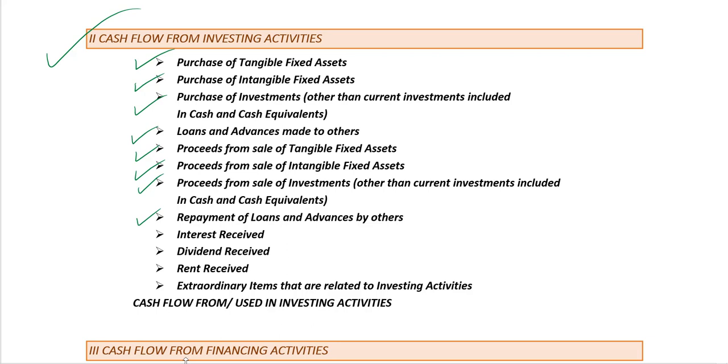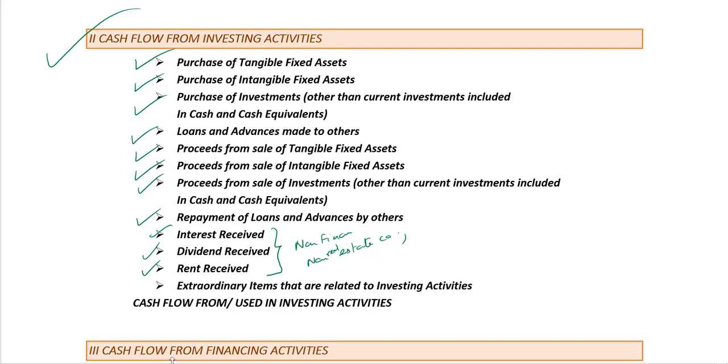Now we need to show interest received, dividend received, and rent received. In the case of a non-finance company or a non-real estate company, this will be shown under investing activities as inflow.